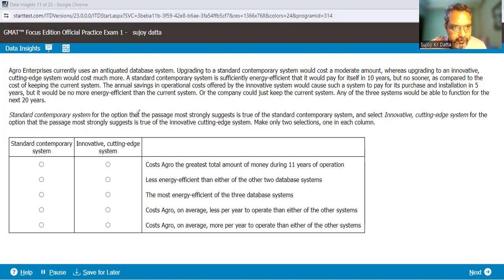Select standard contemporary system for the option that the passage most strongly suggests is true, and select innovative cutting edge system for the option that the passage most strongly suggests is true of the innovative.